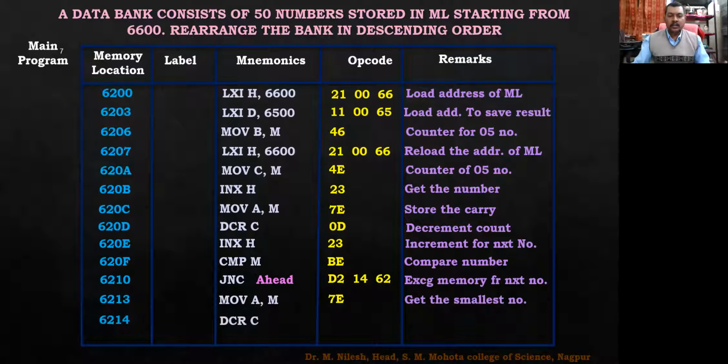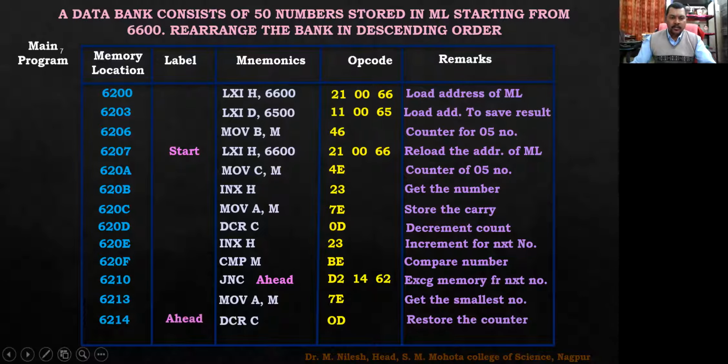Then decrement the count again, 0D. Now this is the starting point where we need to jump from the main program, and this is ahead where JNC is going to jump. So this JNC is going to jump over here ahead, and at the end it will again come to the start position. We'll have that on the next page.